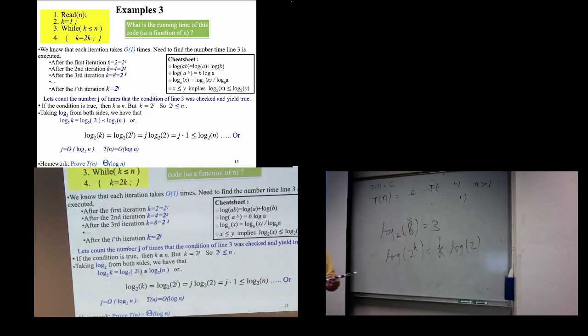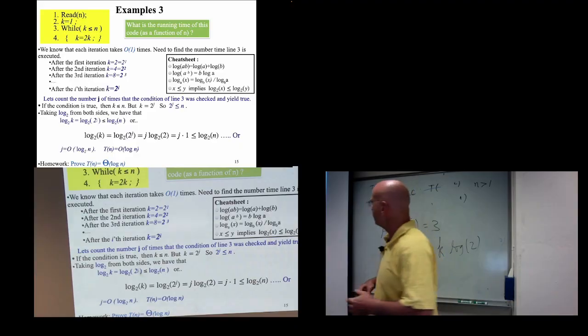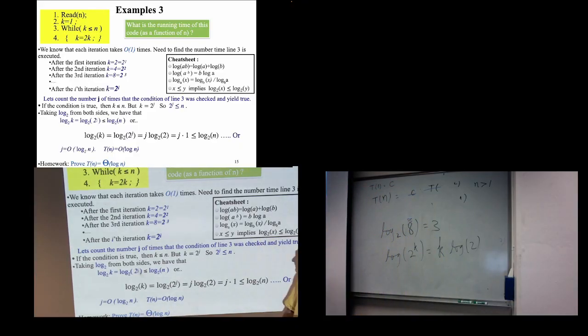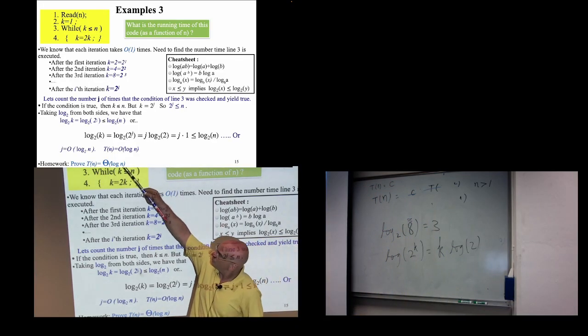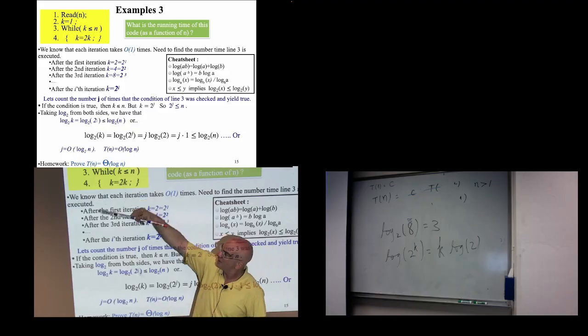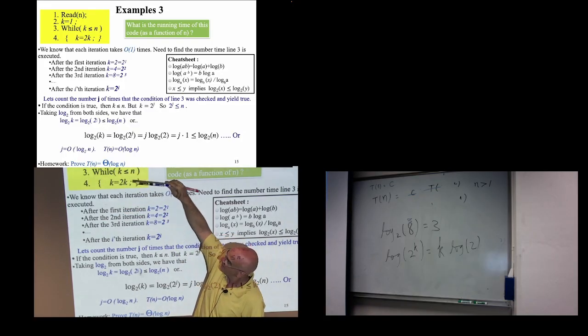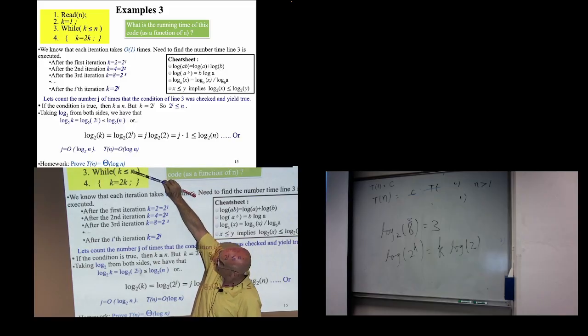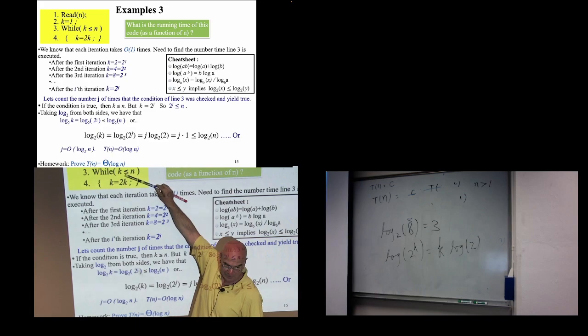I can write a recursive formula, but let's skip it because it's simple enough. I'm looking at this number k, and I want to consider the evolution of k as we are going through the while loop. What happens to it every time that we evaluate the while loop, and the while says yes, this condition still holds?